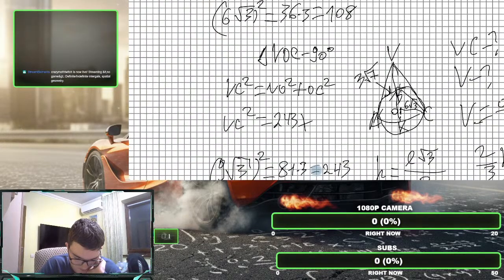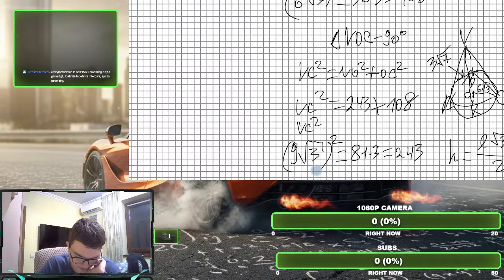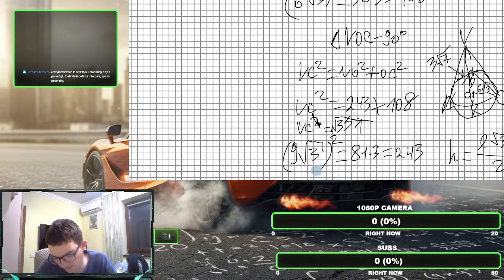Now 108 here. VC at the second power equals 351. So this means that this can square root stuff.